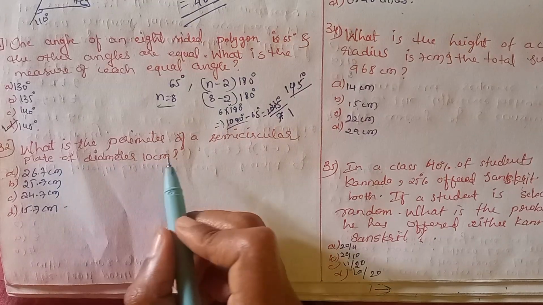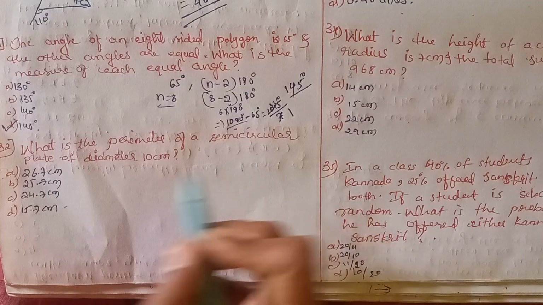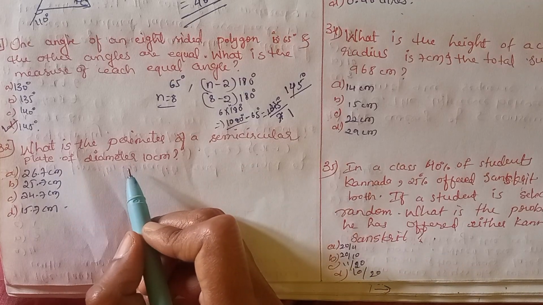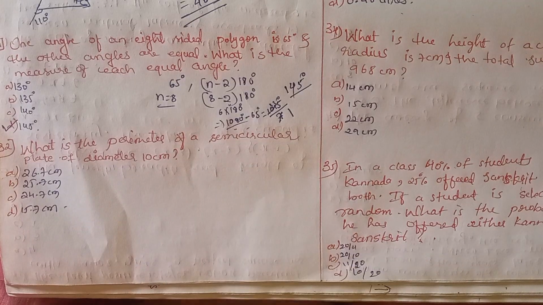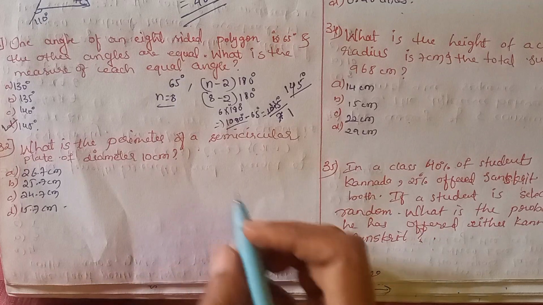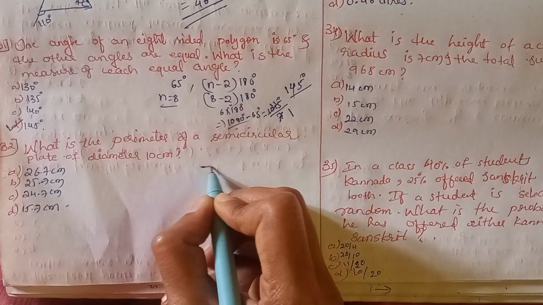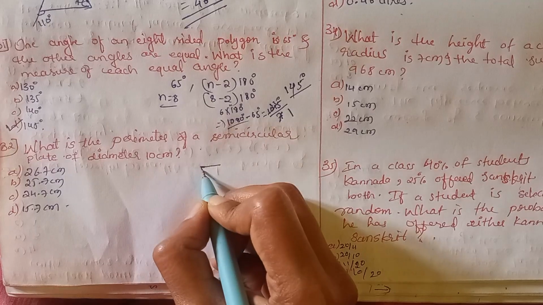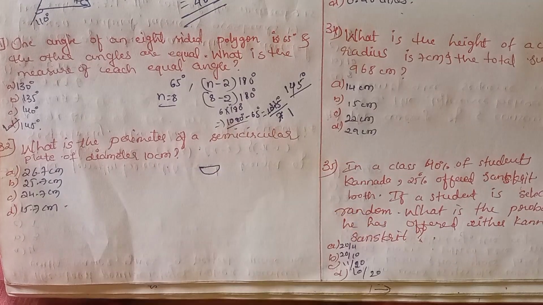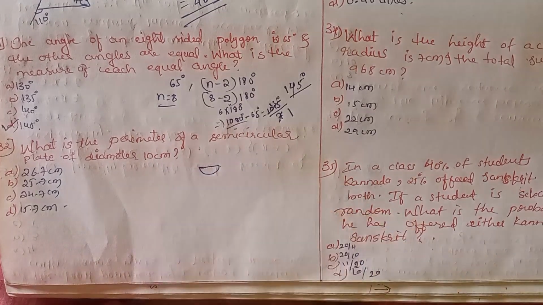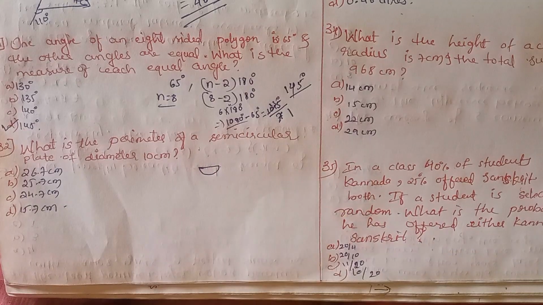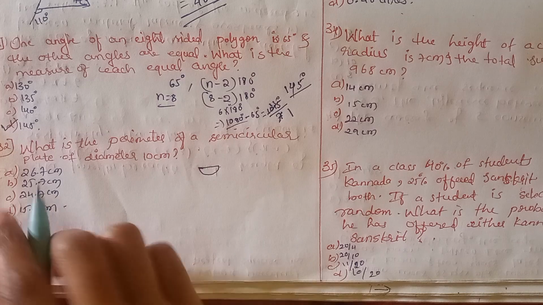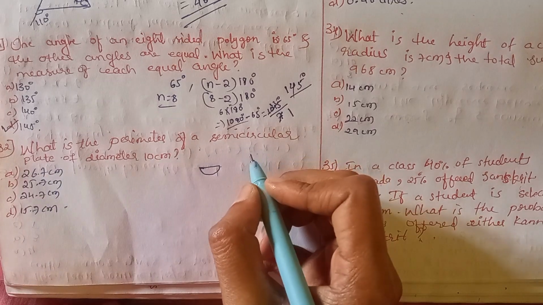Next question is, what is the perimeter of a semicircular plate of diameter 10 centimeter? Okay, it is a semicircular plate. Circle means here it will be complete and semicircle means like this. Okay, and another one this line. We have to find the perimeter of semicircular plate of diameter 10 centimeter.